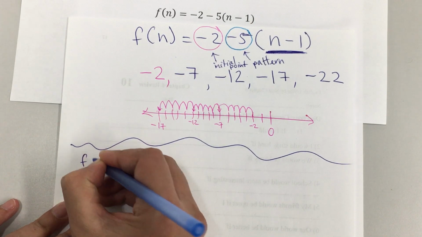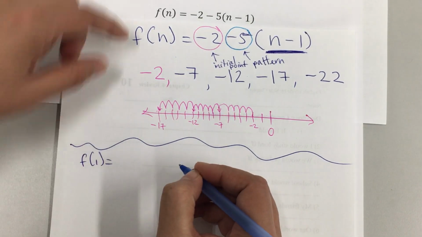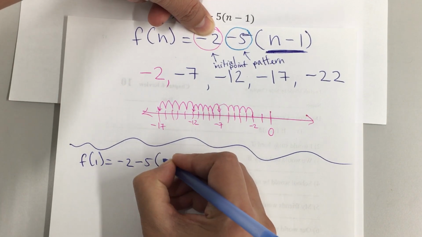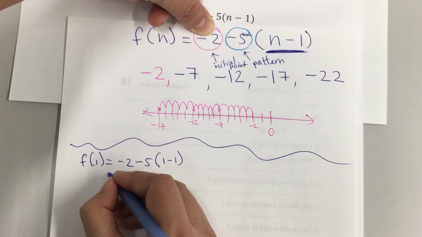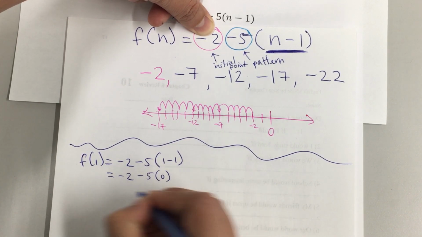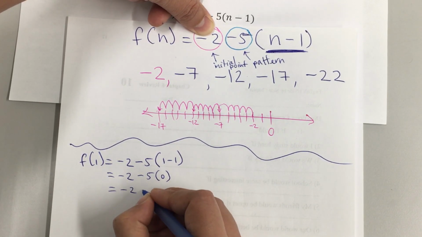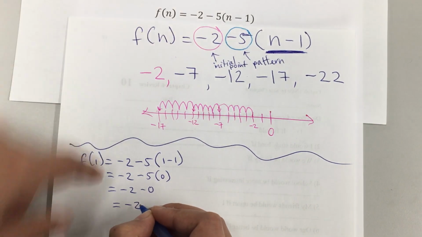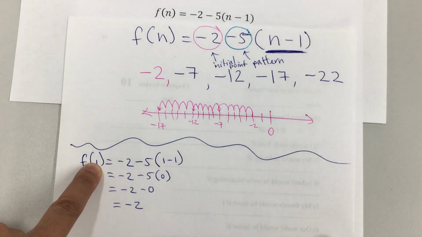I want to do f of 1, f of 2, f of 3. That's perfectly fine. So it's negative 2 minus 5 times 1 minus 1, which is negative 2 minus 5 times 0. Negative 2 minus 5 times 0 is 0, and so that's negative 2. That's my first term.